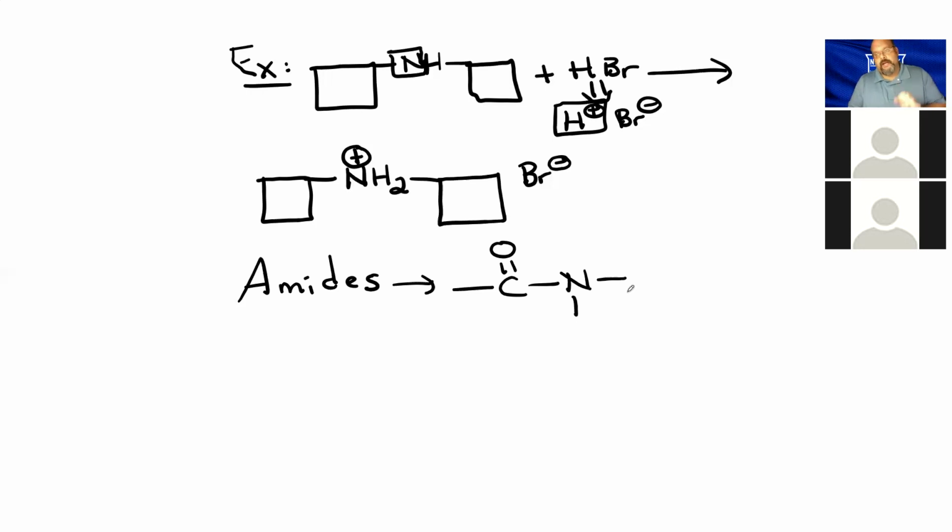The nitrogen in an amide, for reasons which we won't get into, can never have 4 bonds. It's always going to have 3 bonds associated with it. So the first reaction is one of the ways to make amides.